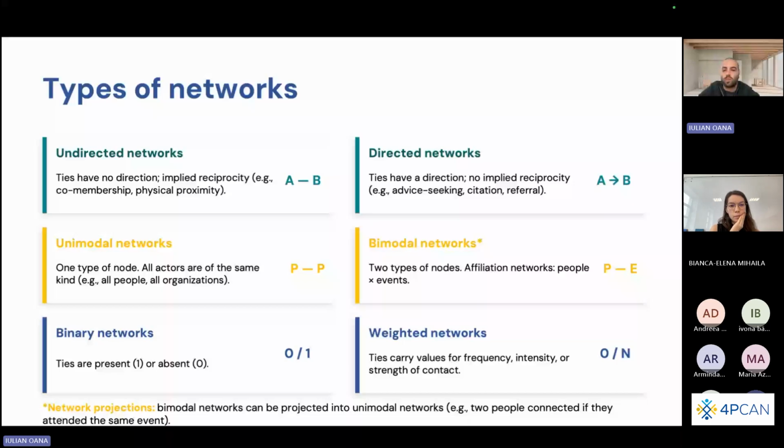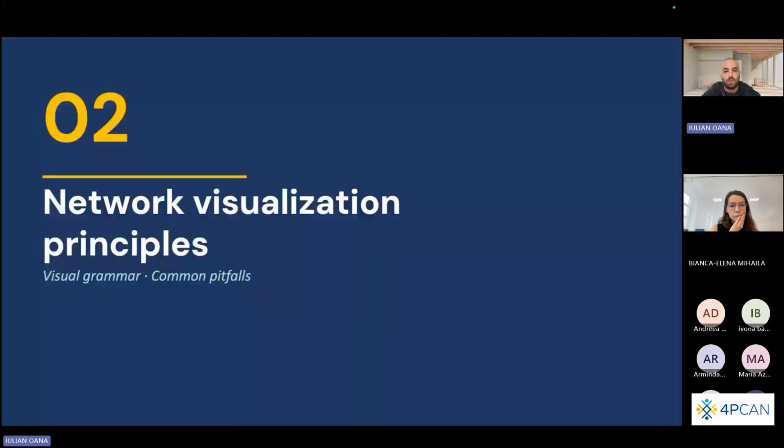So frequency, intensity, emotional closeness, strength of contact, and so on. And here we're dealing with ties which are either absent or can go to whatever n value, which is the maximum on the scale that we measure that frequency or intensity.